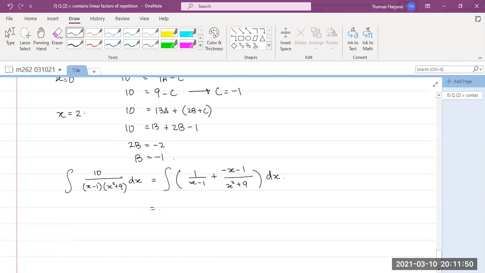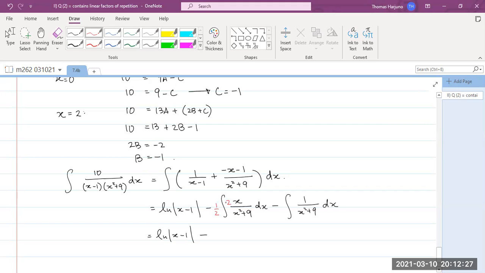The first one is natural log of absolute x minus 1. This one here, let me break it up. This is minus integral x over x squared plus 9 dx minus integral 1 over x squared plus 9 dx. Can you tell what is the integral for the second term? Do this manipulation: 1/2 here, multiply the top by 2.